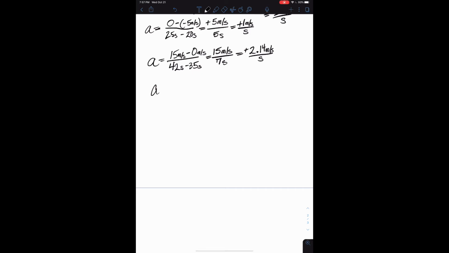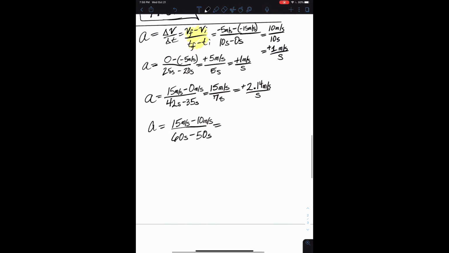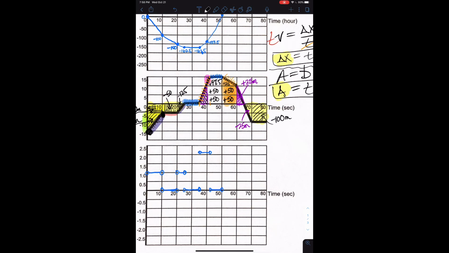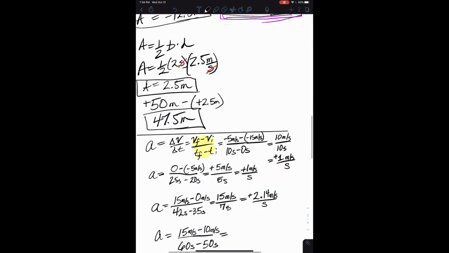So we have acceleration equals 60 seconds minus 50 seconds. And I believe it's going from 10 to 15. So we're saying 15 meters per second will be the final, and 10 meters per second is the initial. I think I have that right. Let me just double check really quick. Yeah, 10 minus 15, 60 minus 50. Oh, so I have those out of order. All right, good thing I checked.